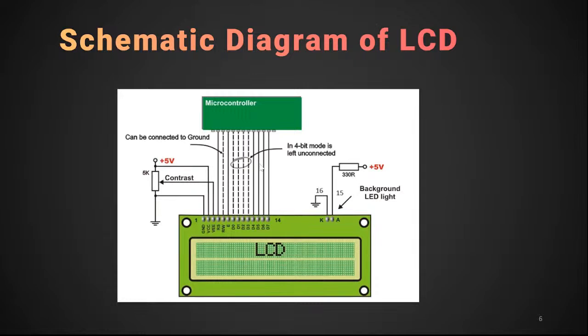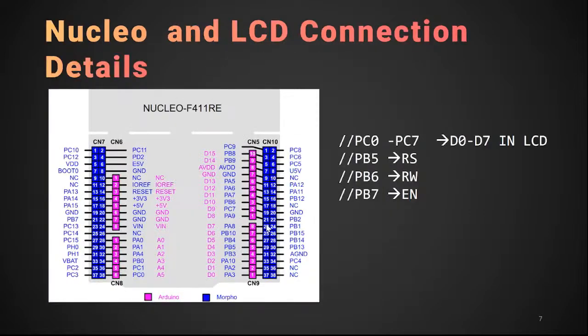So for us today, we are going to use 8-bit mode, so we'll be using D0 to D7. From the Nucleo board, we have used port C for D0 to D7. Okay, from PC0 to PC7, you have to connect to D0 to D7, and PB5 is RS, PB6 is read or write, and PB7 is enable.